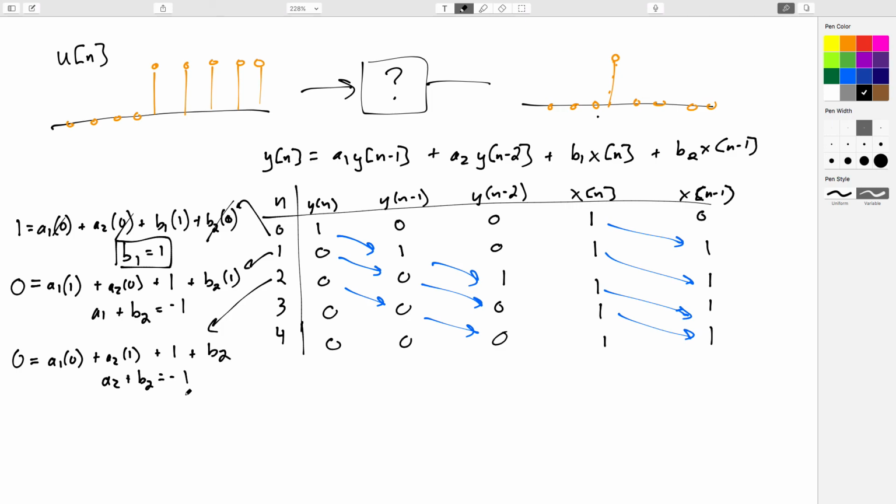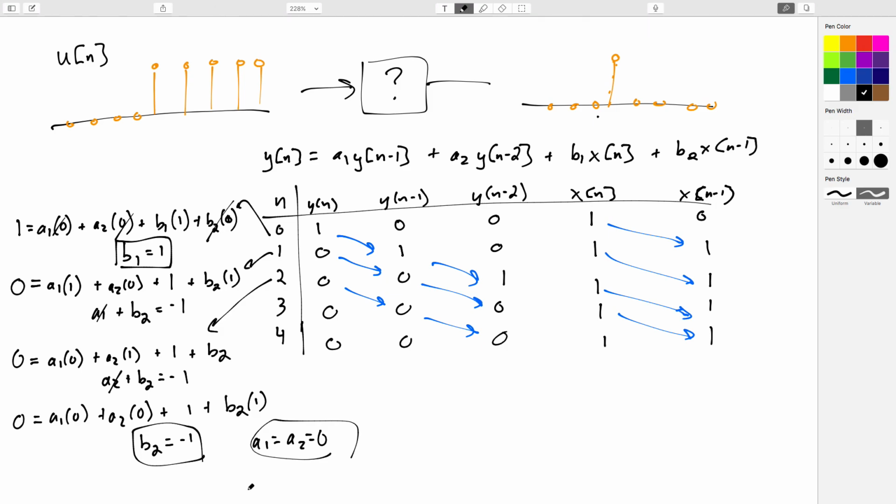Let's go on to the next one then. So it's going to be 0 equals A1 times 0 plus A2 times 0 plus 1 plus B2 times 1. And so this is saying what? B2 equals -1, which then is saying A2 and A1 are also 0.